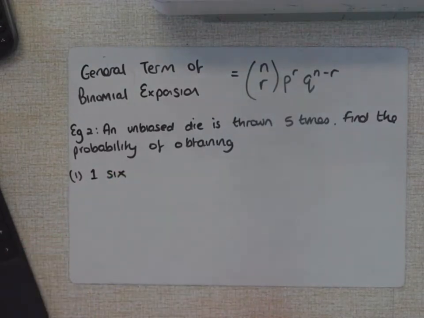Okay, an unbiased die is thrown 5 times. Find the probability of obtaining 1 six.